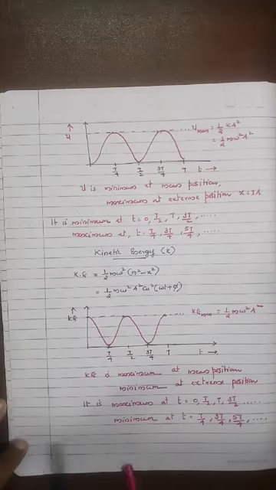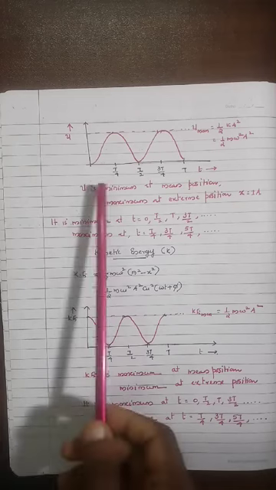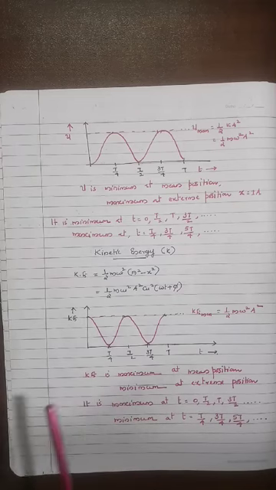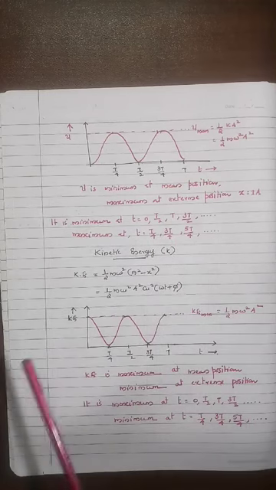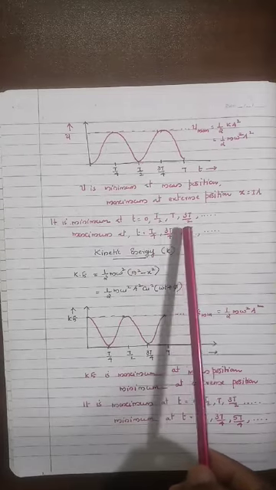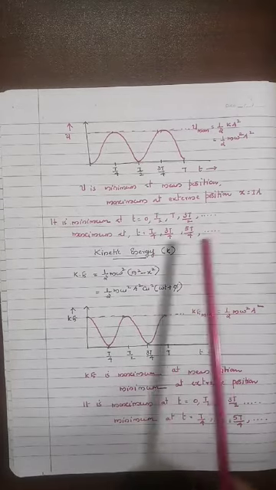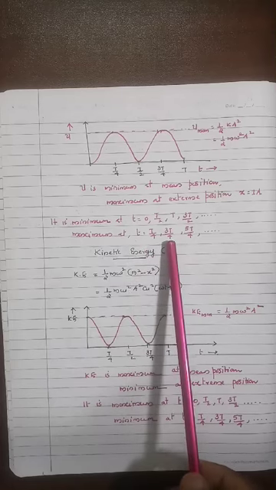It is proportional to x square and hence the graph is parabolic. Look at the graph. U is minimum at mean position, maximum at extreme position. So it is minimum at t is equal to 0, T by 2, T, 3T by 2, etc. But maximum at t is equal to T by 4, 3T by 4, like that.